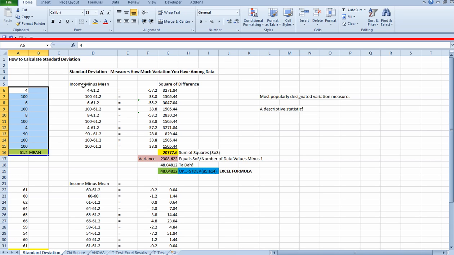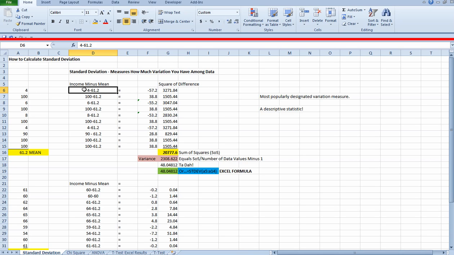Now, the way you actually calculate it is by starting with how far each data point falls from the mean. That's the big issue. No matter how you're calculating it, that's what you're trying to think about. That shows you how variable the data are. So we would take each data point and subtract the mean from it.